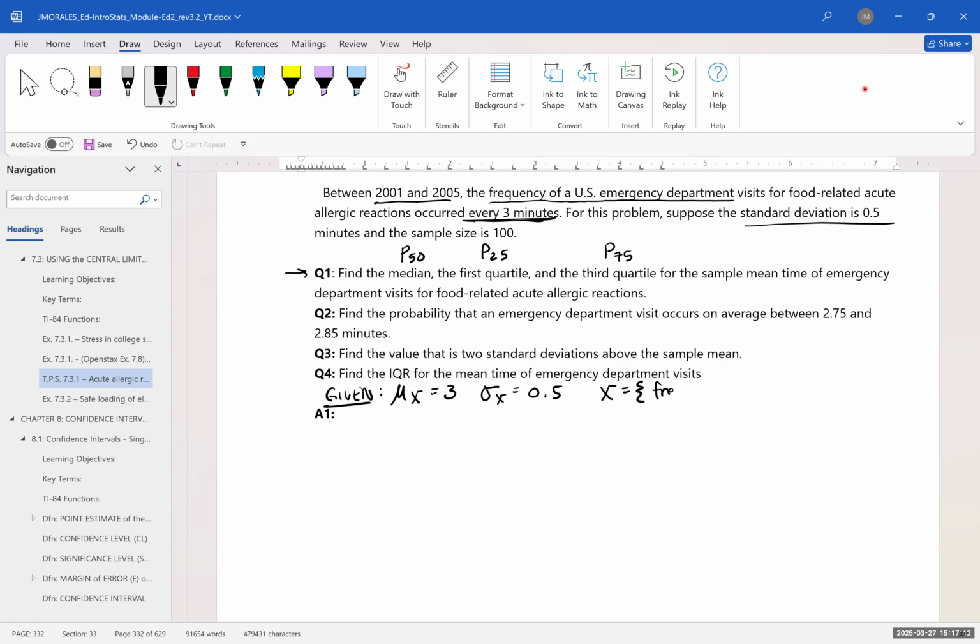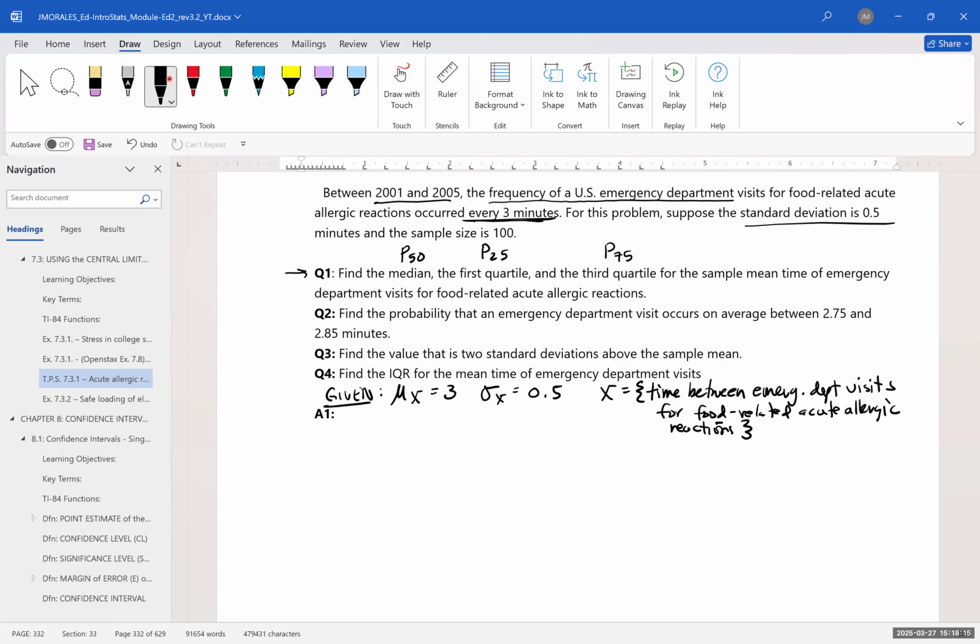This random variable is the time between emergency department visits for food-related acute allergic reactions.